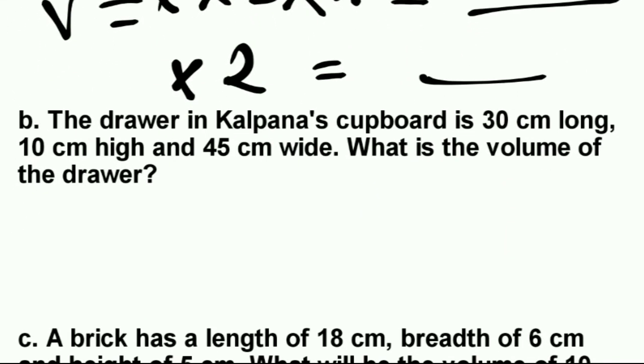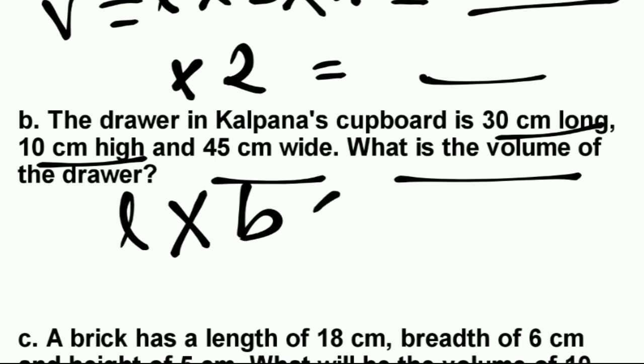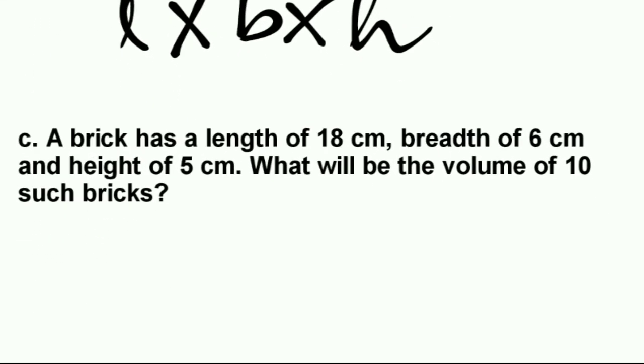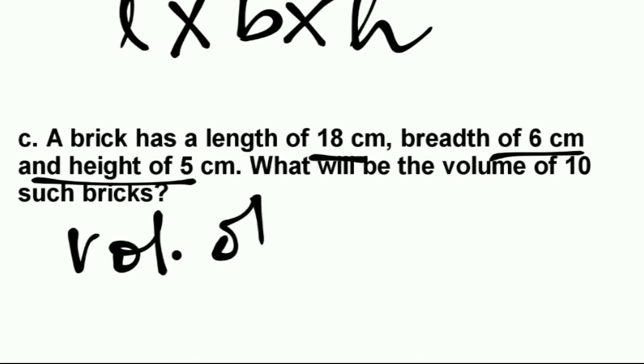Next, the drawer in Kalpana's cupboard is 30 centimeter long, 10 centimeter height and 45 centimeter wide. What is the volume? Volume is length into breadth into height. Next, a brick has same thing, length, breadth and height. So first we can find volume of a brick. A brick means one brick.